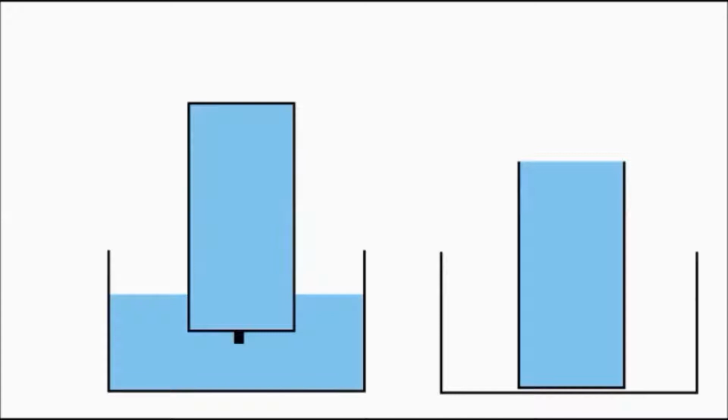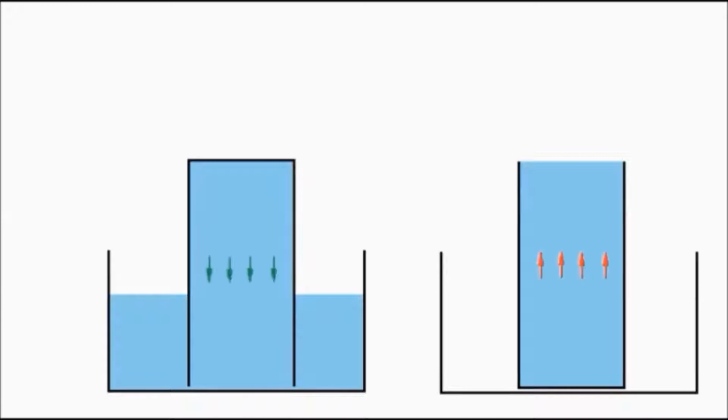Now you can see the container is in the water, and we remove the cover, and the water can't flow out. And in this left container you have negative pressure. In the container on the right side you have hydraulic pressure, and on the left side you have negative pressure.